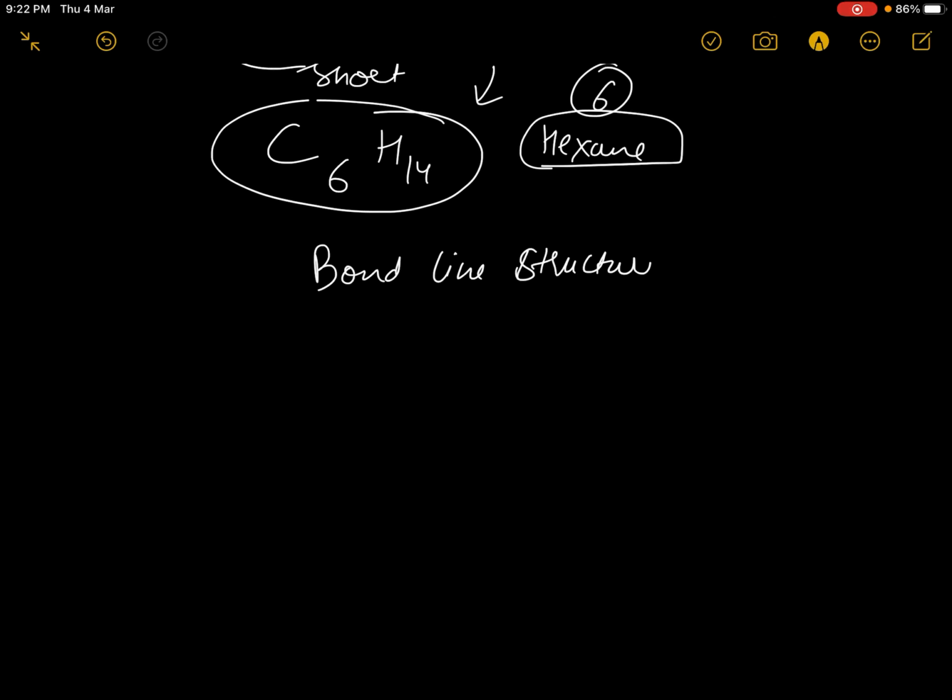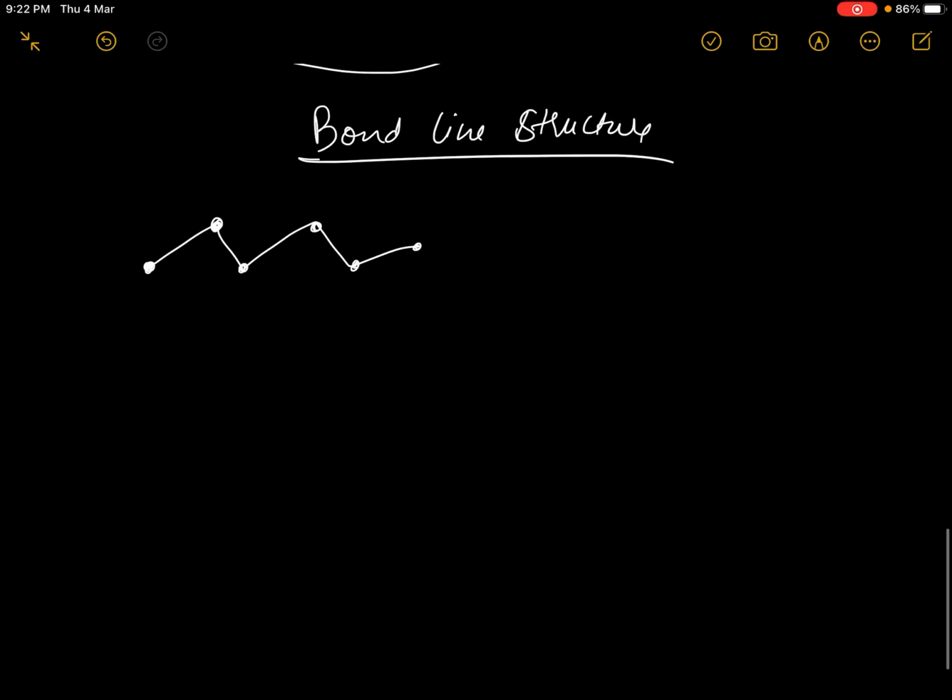In this we form a zigzag, and each point in the zigzag structure is denoted as 1 carbon. This is the 1st carbon, this is the 2nd carbon, this is the 3rd carbon, this is the 4th carbon, this is the 5th carbon, this is the 6th carbon. Okay, this is the bond line structure.